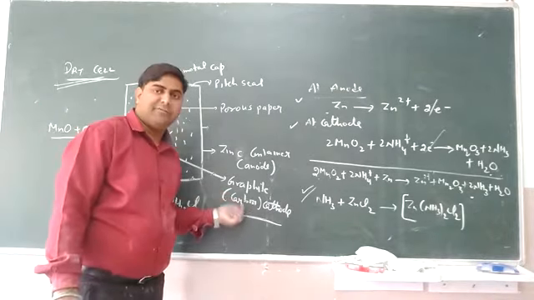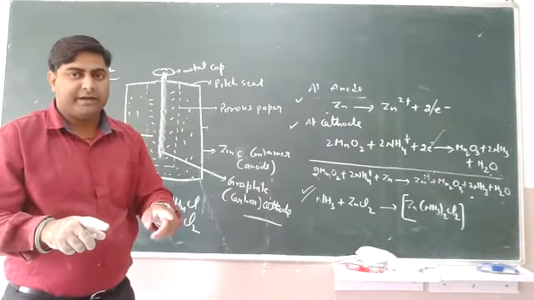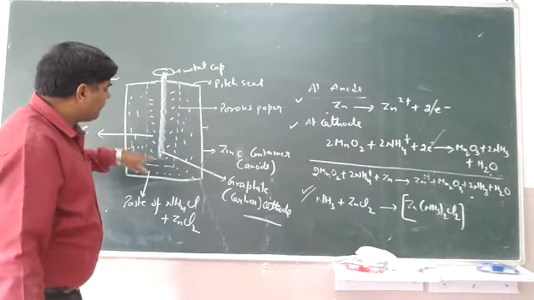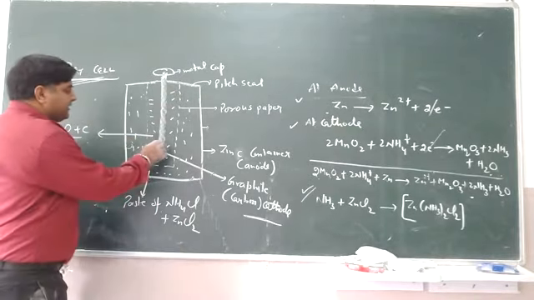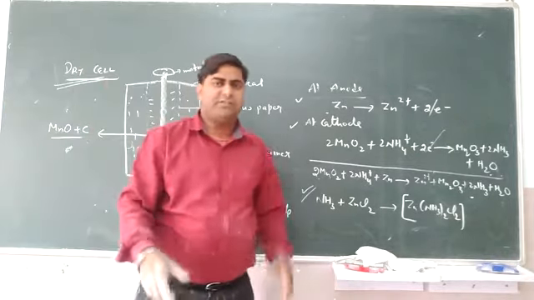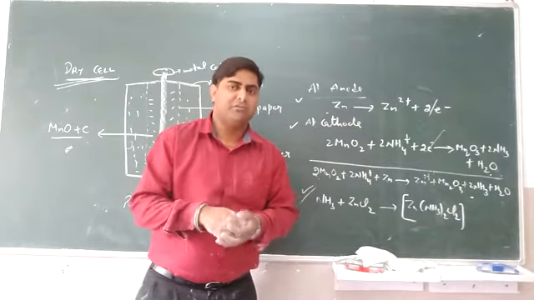Graphite is carbon which acts as cathode. A rod of graphite is kept in a porous paper, and this porous paper acts as a salt bridge. It has small pores which allow the movement of ions.